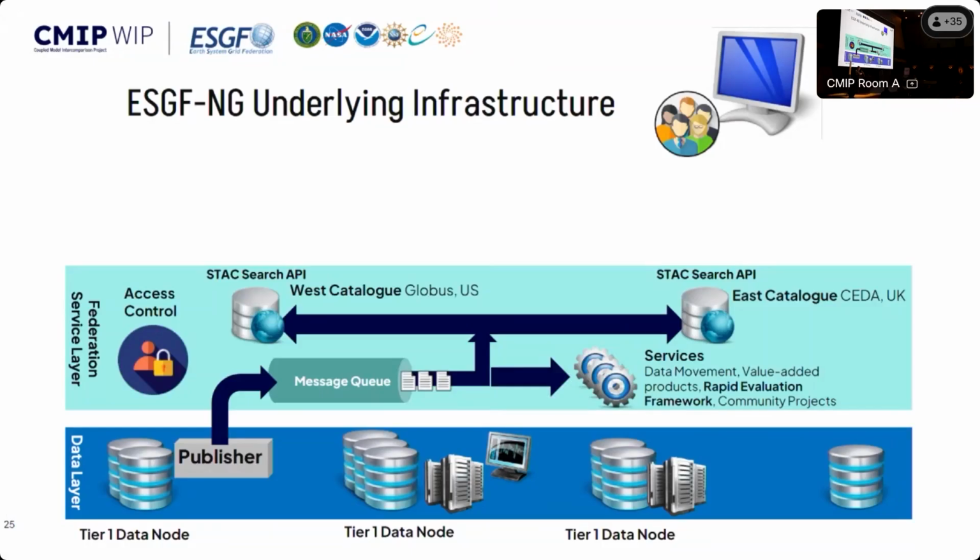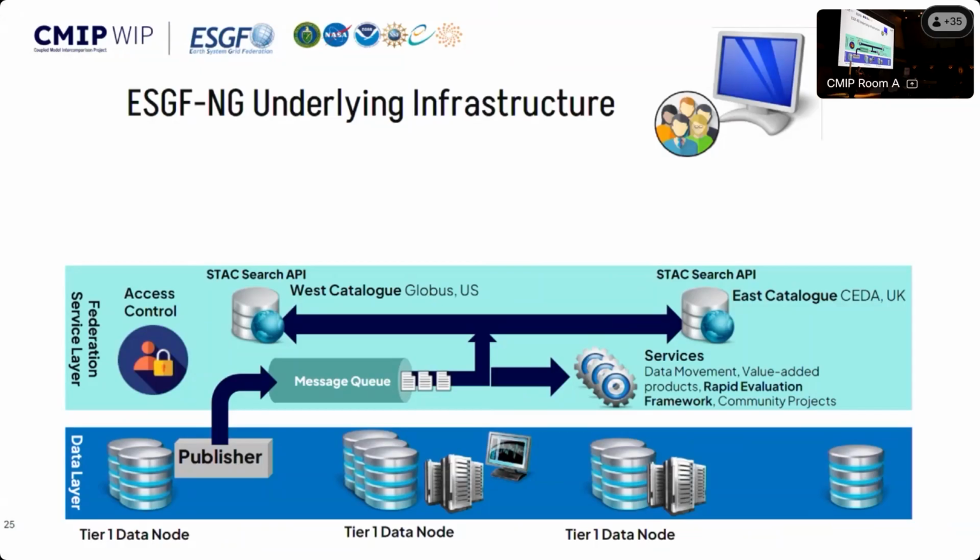So they have the data on disk at the site, but they want to make that available to the community through ESGF. So they publish the data, and it goes into a message queue system, which is a technology for distributing information to multiple different actors or clients in a system. This is what we're using to replace the traditional system that we had with the original ESGF, where we had a number of different index nodes, as we call them, around the Federation.